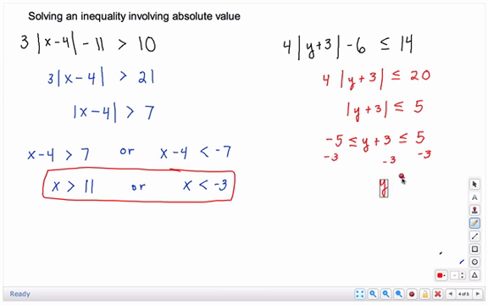So this is y is less than or equal to 5 plus a negative 3 is a positive 2. And a negative 5 plus a negative 3 is a negative 8. So y is less than or equal to 2, and y is greater than or equal to a negative 8. This is your solution.